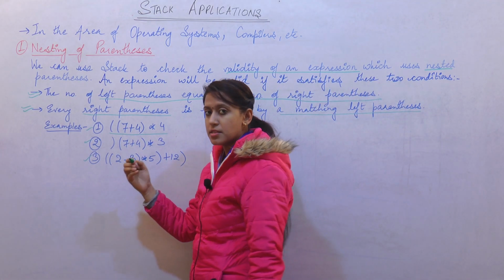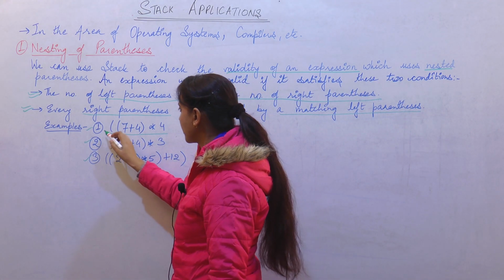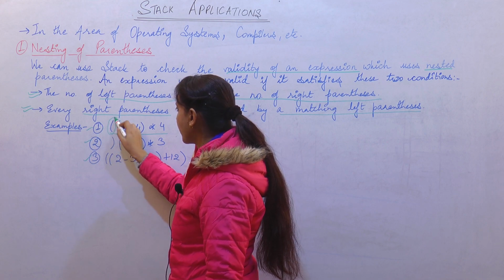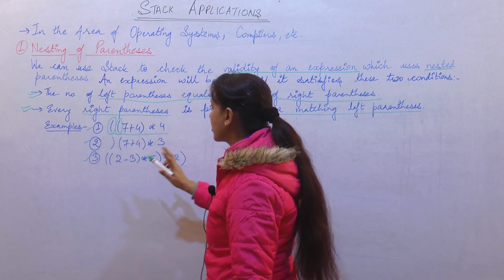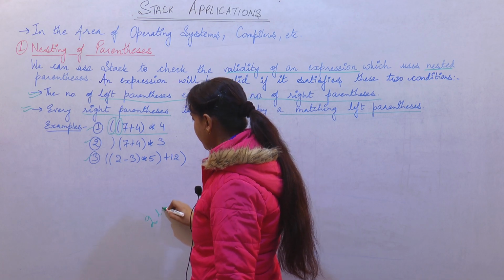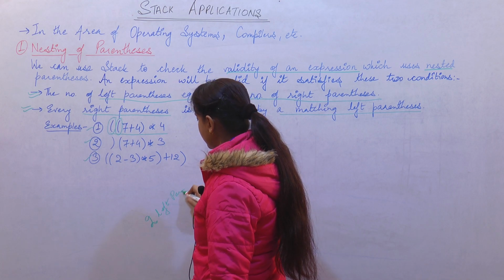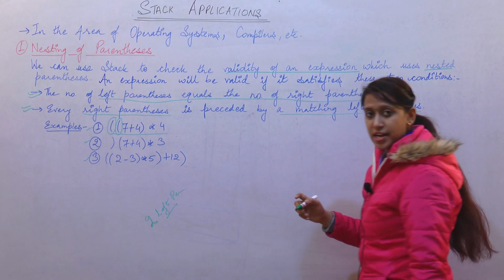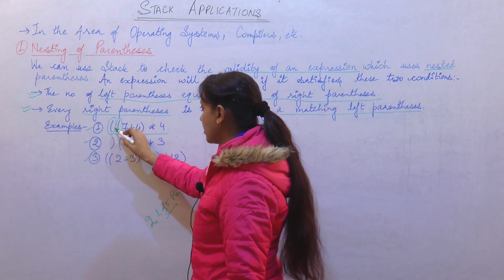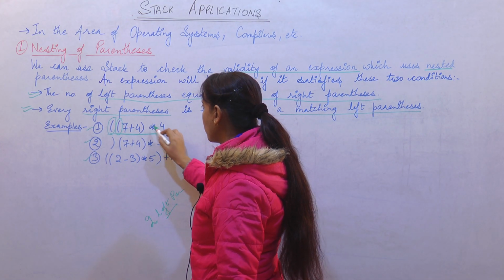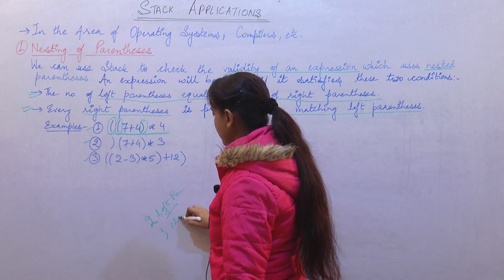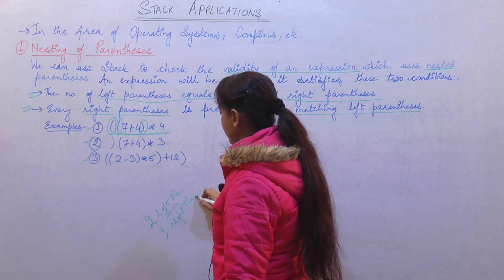Now we will calculate the number of left parentheses. In our first equation we have 1, 2, two left parentheses. Then we will check the corresponding number of right parentheses in the given expression. In this equation we have only one right parenthesis.